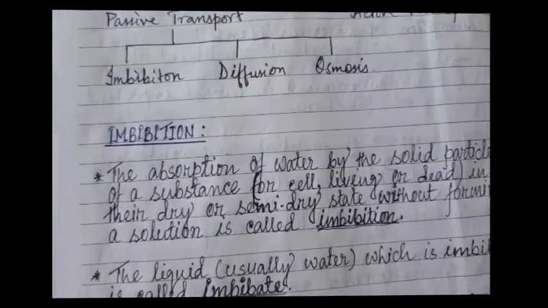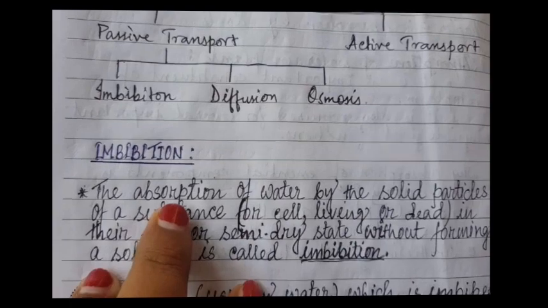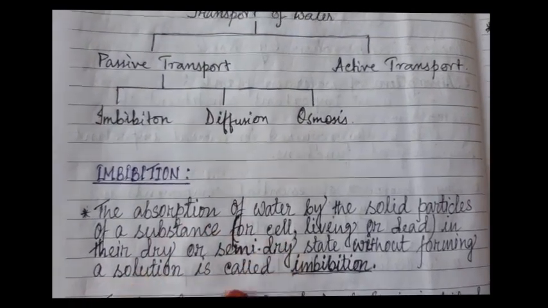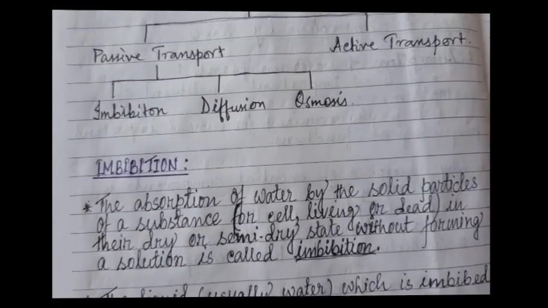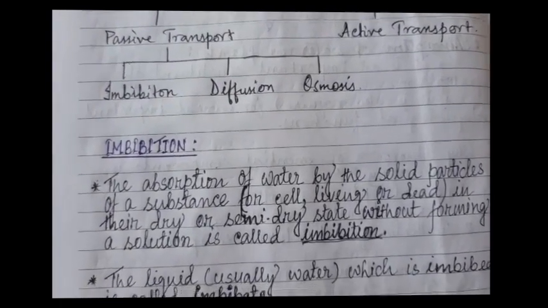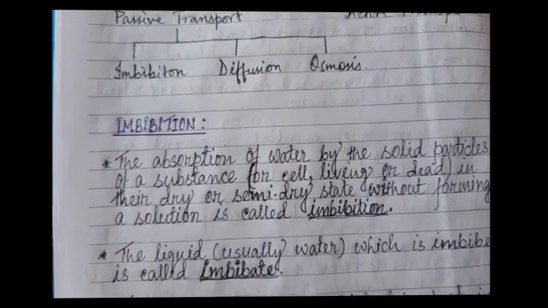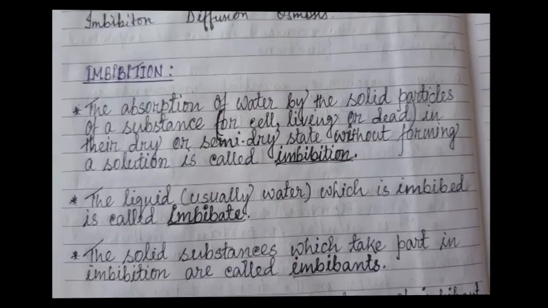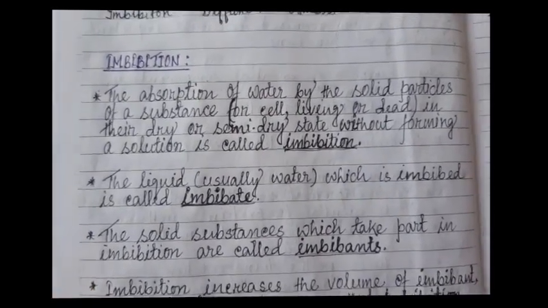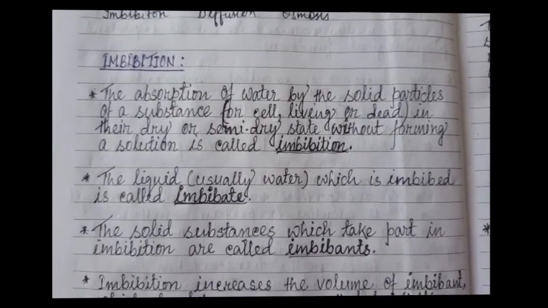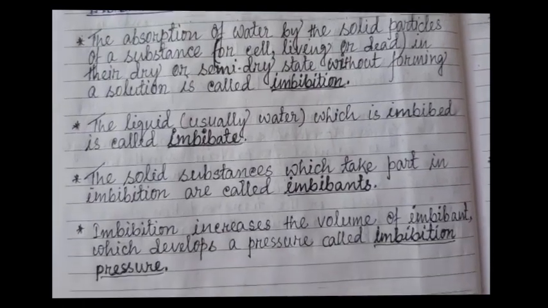Now let's begin with what is imbibition. Imbibition is the absorption of water by the solid particles of a substance or cell, living or dead, in their dry or semi-dry state without forming a solution. The liquid which is imbibed is called imbibate, and the solid substances which take part in imbibition are called imbibants.